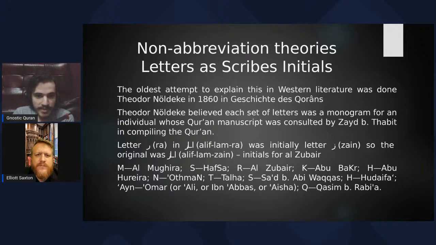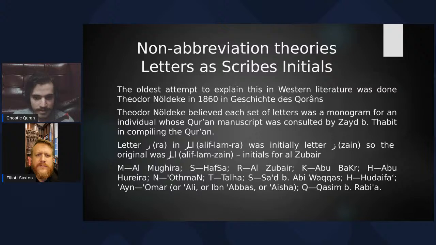For example, he gives an example for the Alif Lam Ra, which was initially Alif Lam Zain, but as you can see, the letter Ra is very similar to Zain, distinguished by one dot, and this dot, for some reason, maybe some scribe error, or maybe intentionally, was dropped. It stood for the Alif Lam Zain, which is the initial of one of the compilers, Az-Zubair.